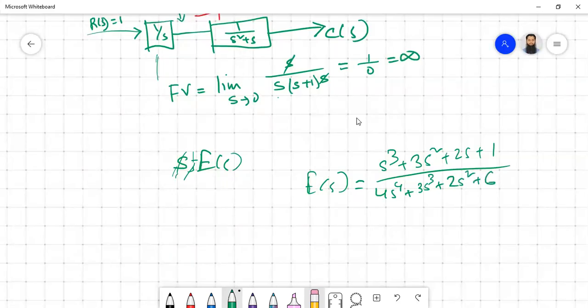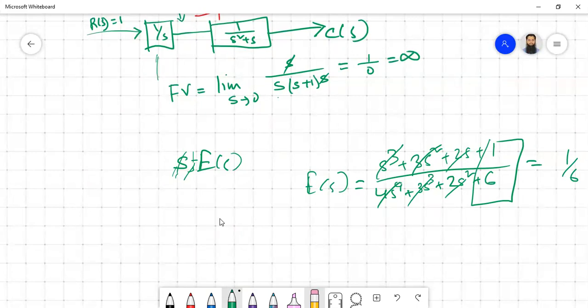Okay, so for the step input, finding the steady state error is very, very simple because S and S are getting cancelled out. So you just replace S by 0, and then your final value will simply be 1 by 6. So for the step input, it is very, very simple.